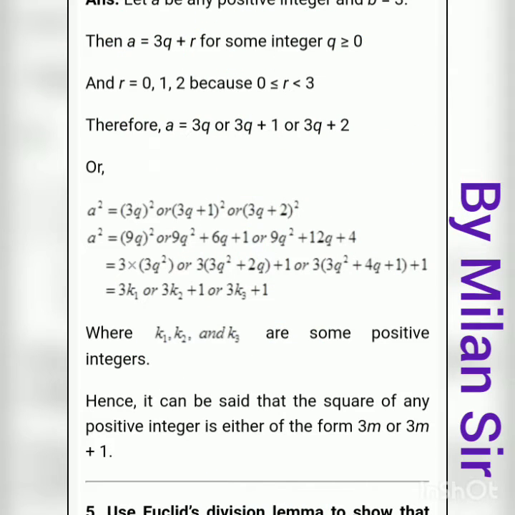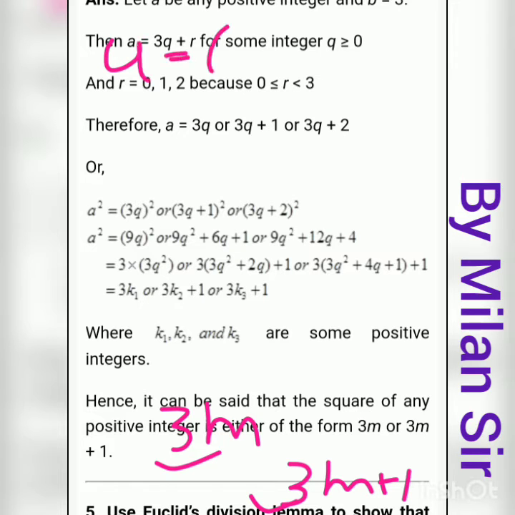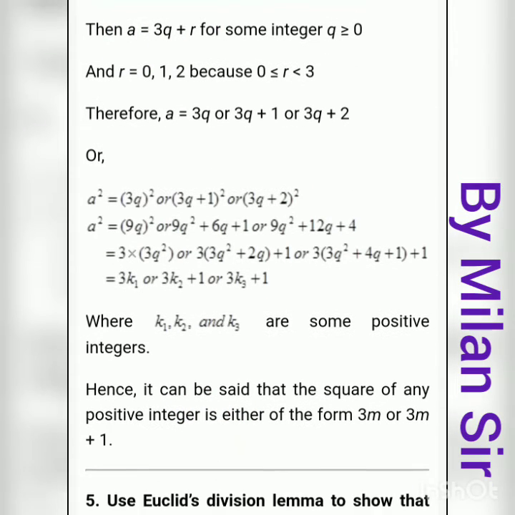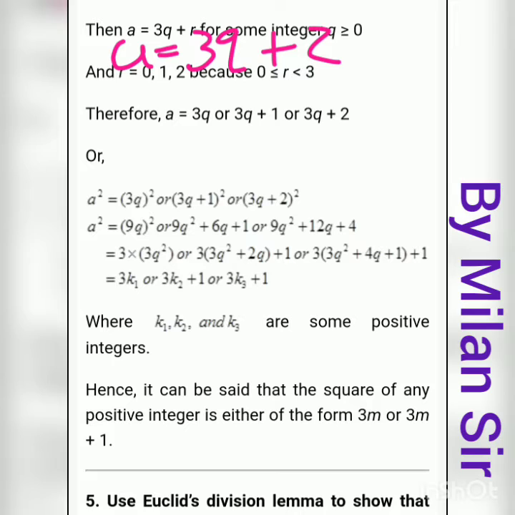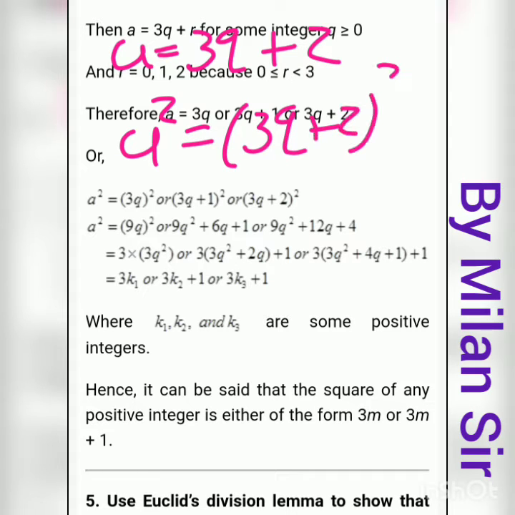Now we get two forms here, 3m, otherwise 3m plus 1. But right now the third possibility is remaining. So take the third possibility, 3q plus 2. a is equal to 3q plus 2. Now we need to take the square on both sides, so a square is equal to (3q plus 2) all square.